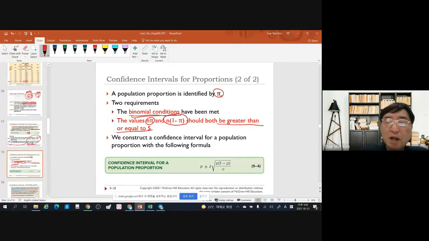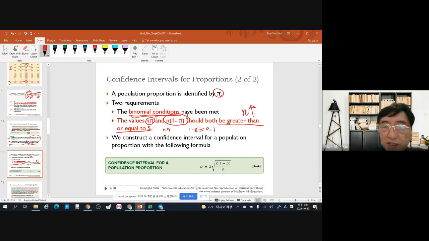If pi is 0.9, 1 minus pi will be 0.1, which is small. To satisfy both, n must be large. When n is large enough, you can use the normal distribution assumption from the central limit theorem.